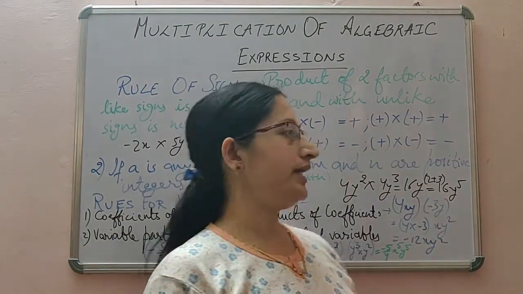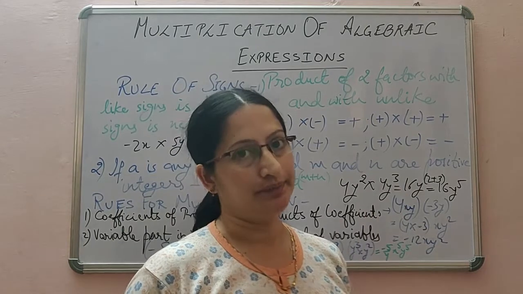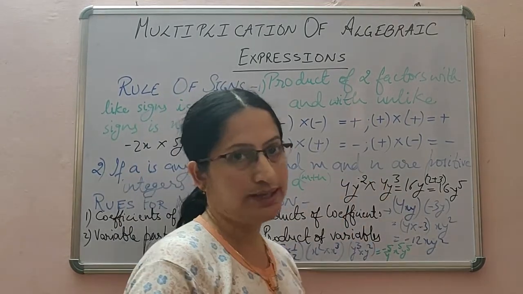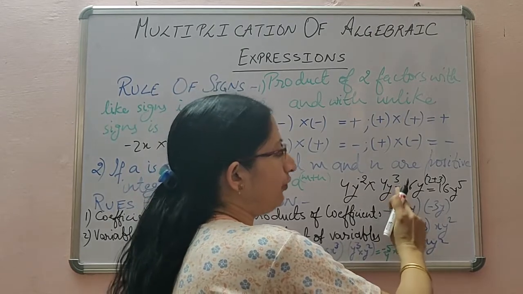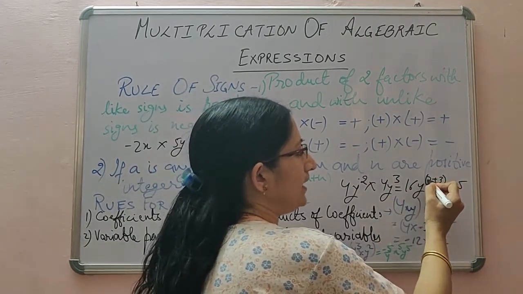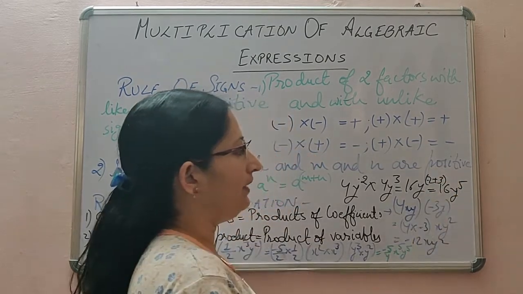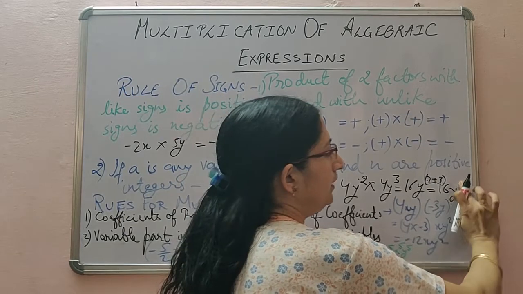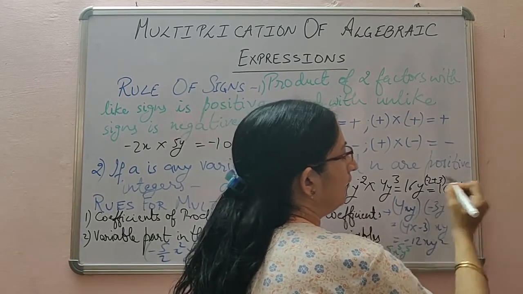But if suppose there is a subtraction sign here, that is 4y to the power minus 2 it was, and it is multiplied with 4y to the power 3. Then we will have a minus sign here. Then it will become 16y to the power 3 minus 2. That is, this value will become 1.